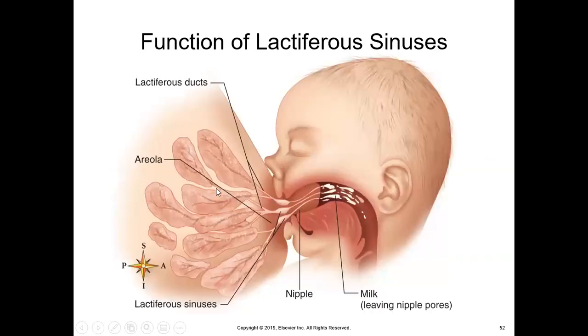Inside here are the cells that produce the milk, and they go through the duct, through this ductule, and it has these little lactiferous sinuses that collect the milk. Then when the baby starts to suck, he's able to extract the milk from these lactiferous sinuses and is able to drink. And when the sucking begins, then you get more production of milk.